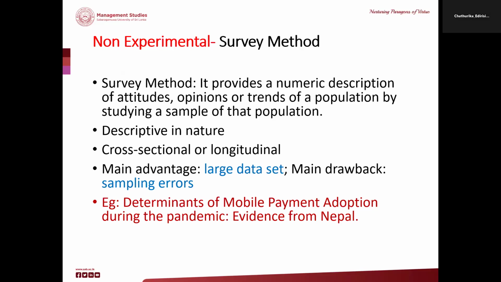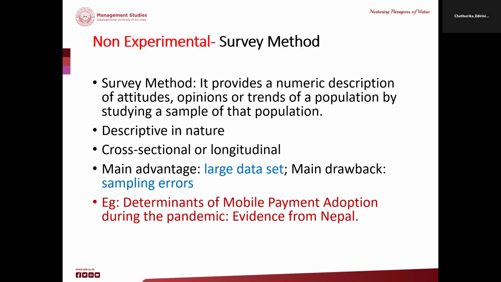And we proceed with qualitative approaches for those, in order to provide some propositions and also to investigate and explore the phenomena. The survey method is descriptive in nature. It can be either cross-sectional or longitudinal, meaning that the sample can be selected at a single point in time or at more than a single point in time.